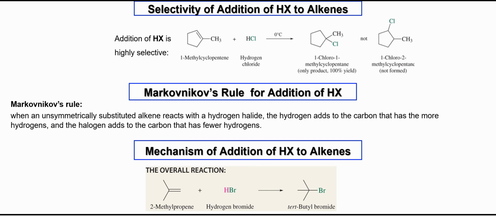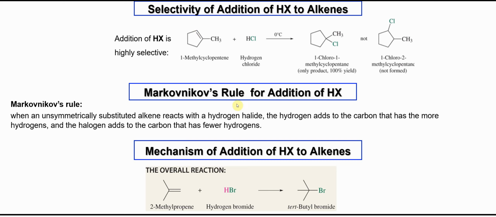On the other hand, the halogen will be added to the carbon with fewer hydrogens. In other words, if you have a carbon with more hydrogens, the hydrogen will be added to that carbon.